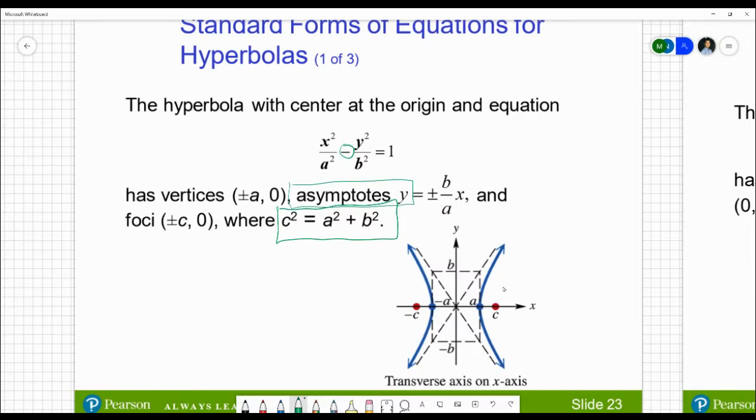The asymptotes are basically the diagonals of this rectangle created from the a and the b values. Where are our a and b values? Well, the a value is from the center to the vertex. The b value is in conjunction with the c value, which is from the center to the foci. So all those three come together.